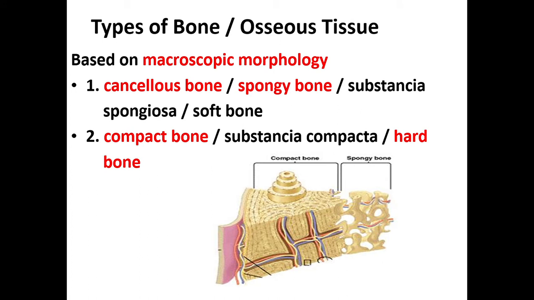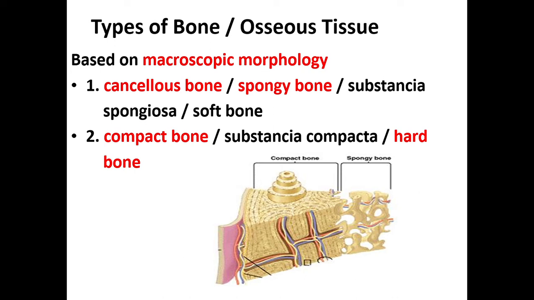We go now to the types of osseous tissue in the body. One criterion that classifies the osseous tissue is based on macroscopic morphology, or how they appear using our eyes.